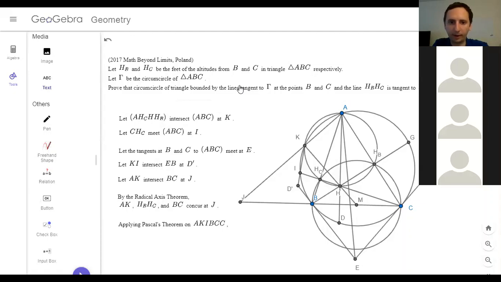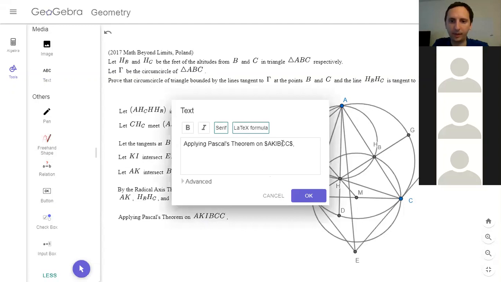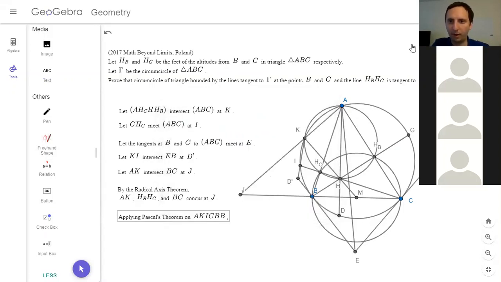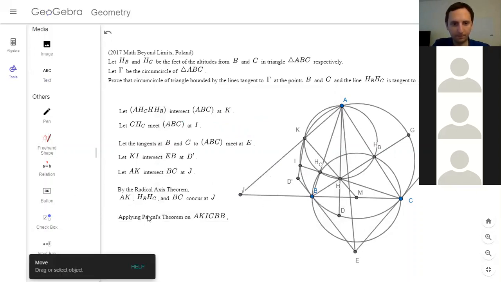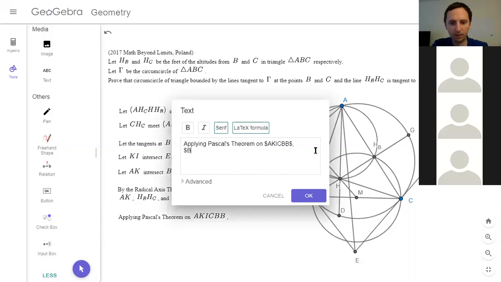Okay, so AKI CBB. So BB intersects KI at D prime.